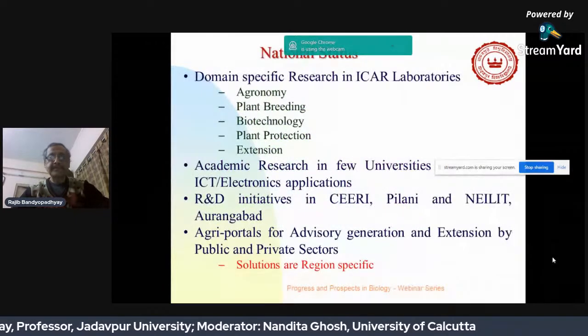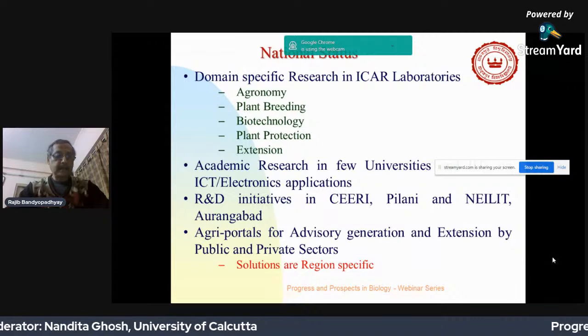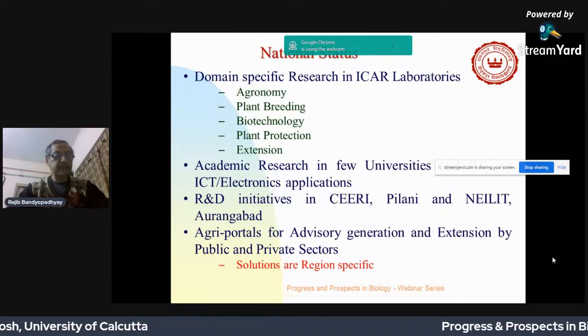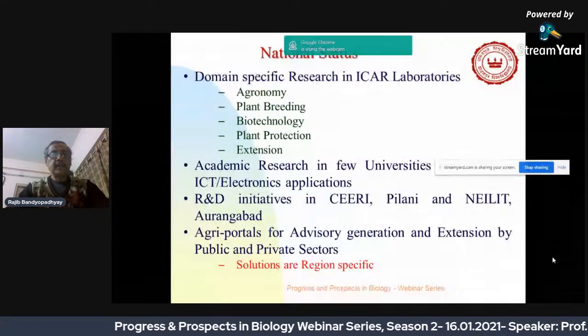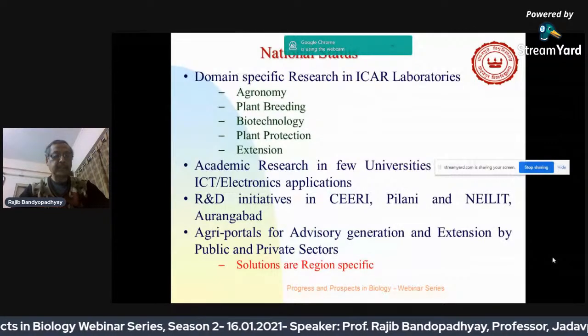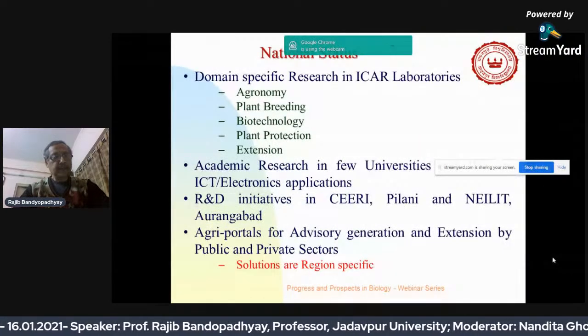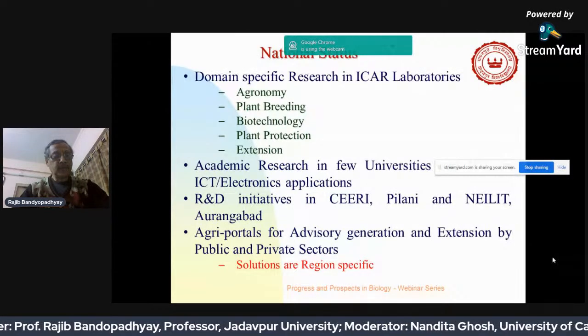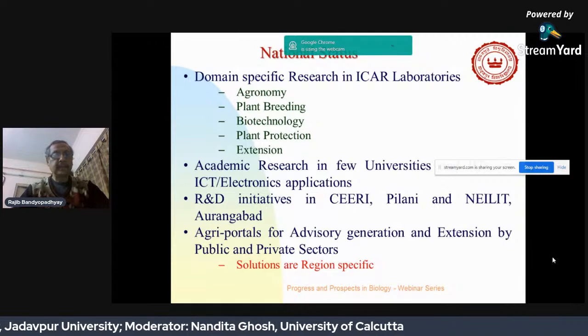This I've already mentioned. Now the national status: ICAR, the Indian Council for Agricultural Research, has contributed significantly after independence in producing different types of seeds and varieties of crops. That's why there has been no famine in India after independence, and that credit entirely goes to the agricultural scientists.